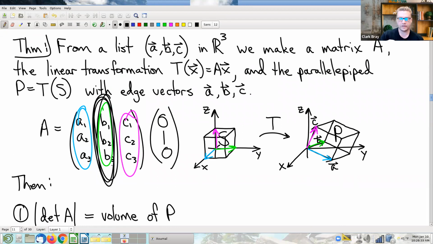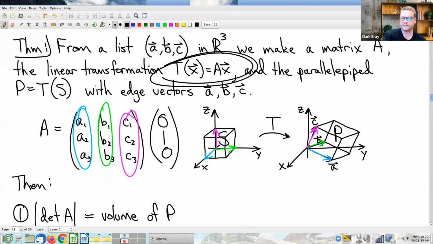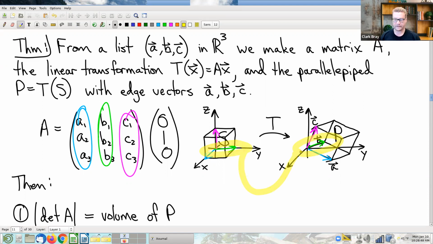So in the sense of this function, multiplying by vectors to get other vectors, this green vector here, let me highlight with the yellow, this vector here, its image is that vector there, which is that.